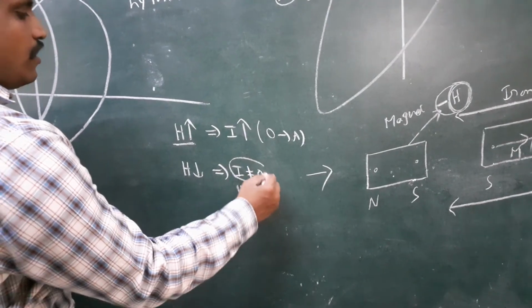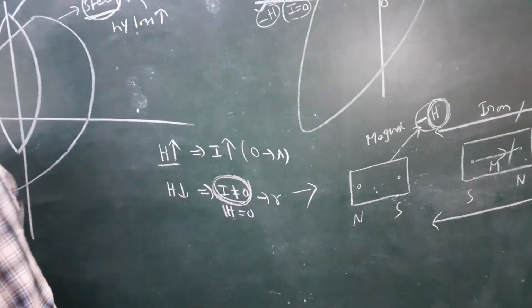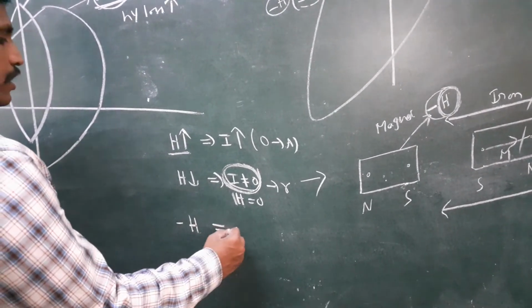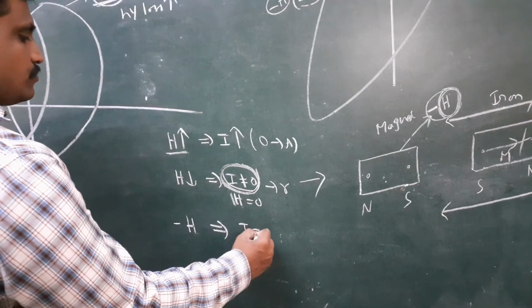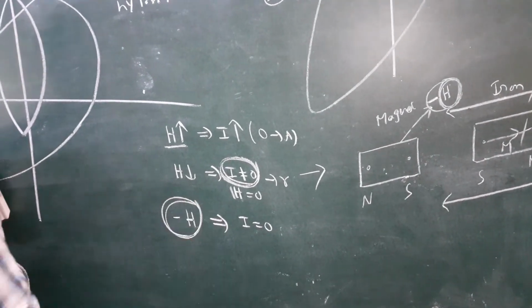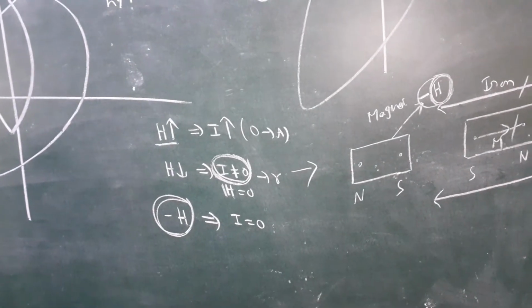This value of I, the value of OB in the graph, is called retentivity. Here a negative H is applied, so finally I becomes 0. At I equal to 0, the negative value of H is called coercivity, and this force is called coercive force.